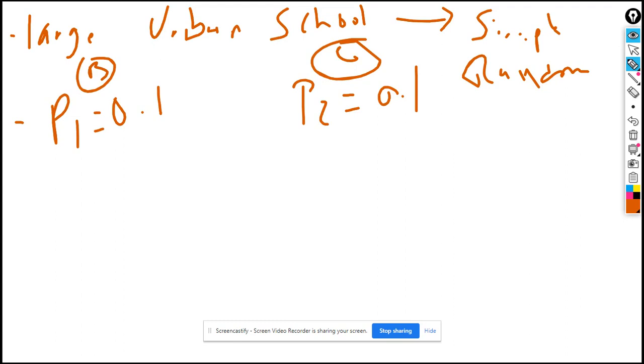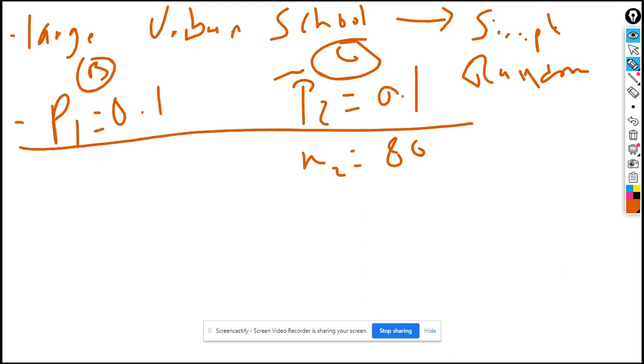Now, a random sample of 80 girls, so the number of the girls is 80, indicates 15%. So P2 is 0.15.